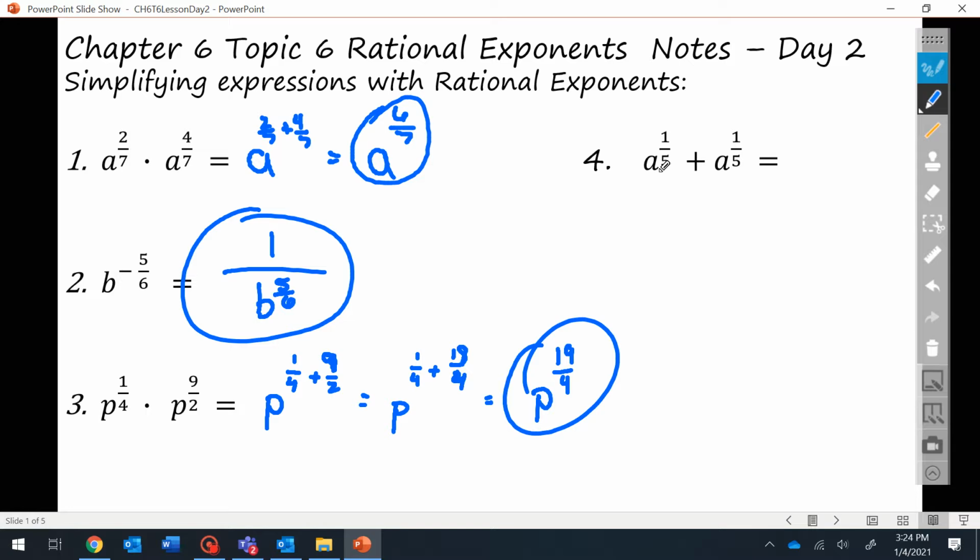Now, number 4, it looks like I'm adding. Keep in mind, this is the 5th root of a plus the 5th root of a. You can only add these if they're the same variable. It'd be like x plus x would be 2x. But this is a to the 1/5 plus a to the 1/5. So this would be 2a to the 1/5.